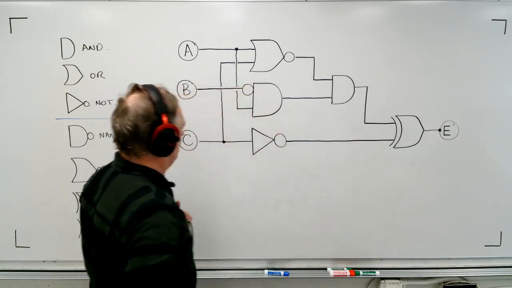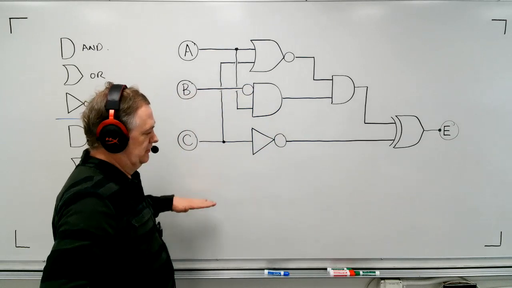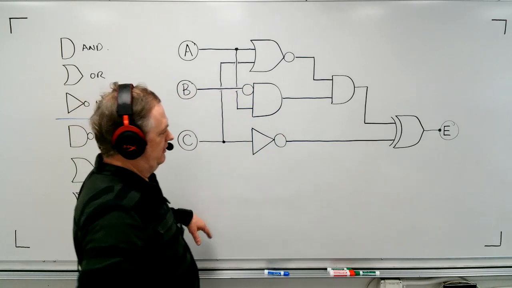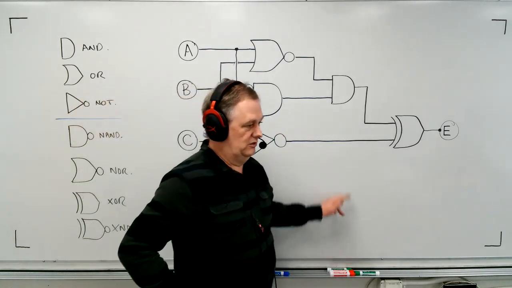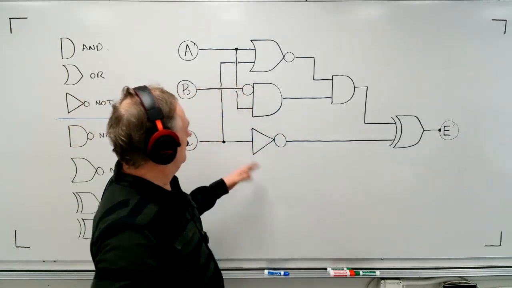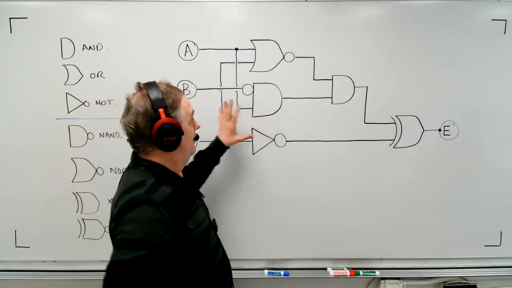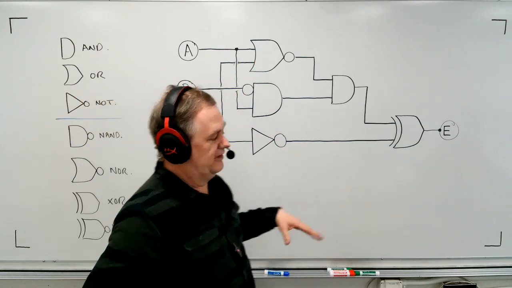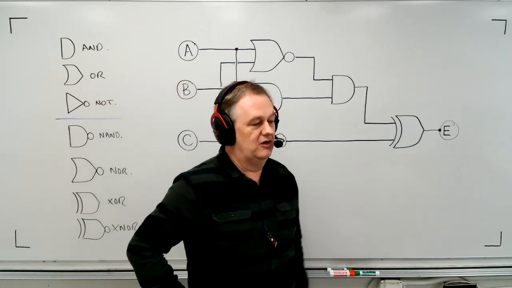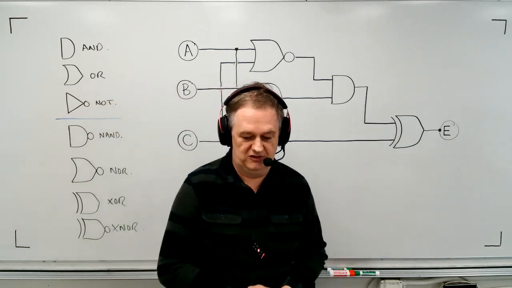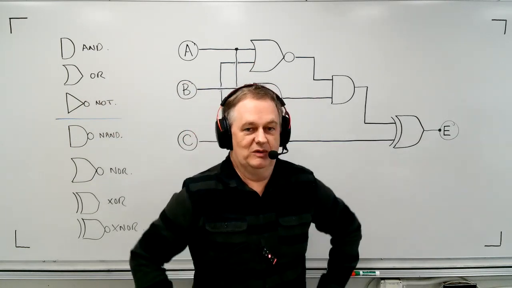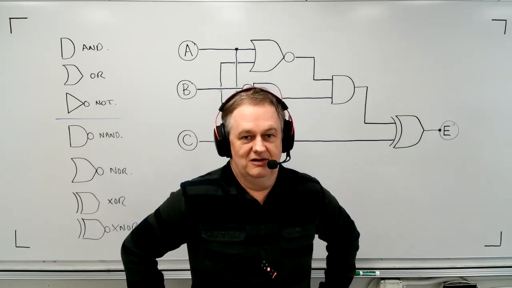So you'll need a truth table with all the input conditions listed in order, and then determine, just by going through it and applying what you've learned about how these gates operate, what the output E is for each one of those input conditions. And we'll talk about it when we get together in our discussions.